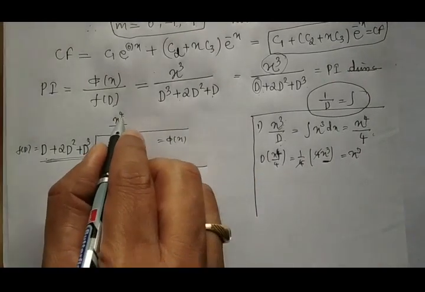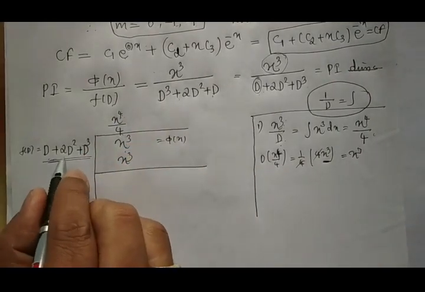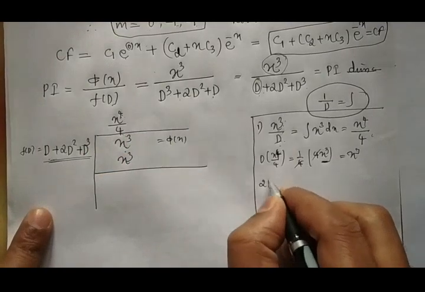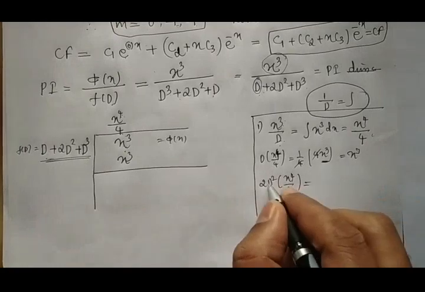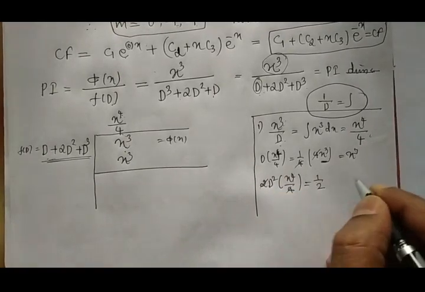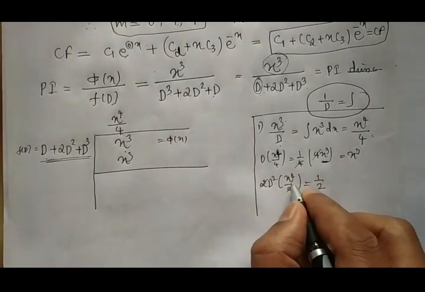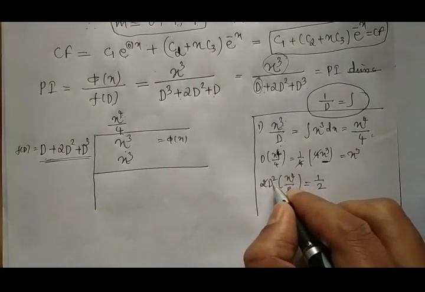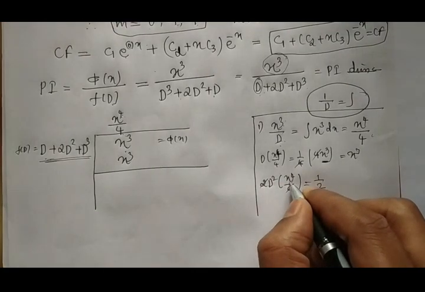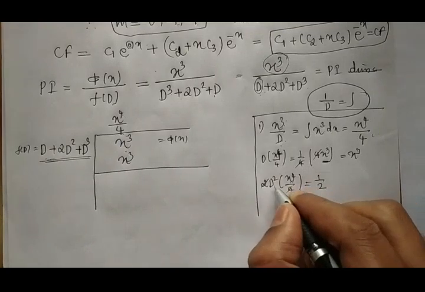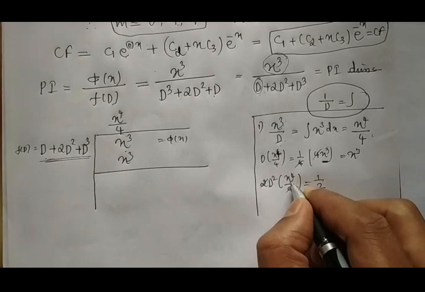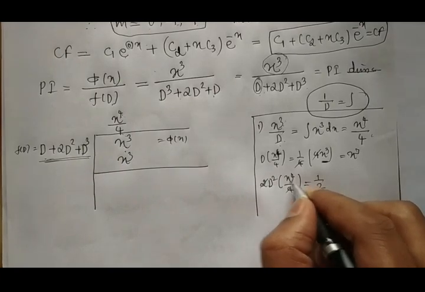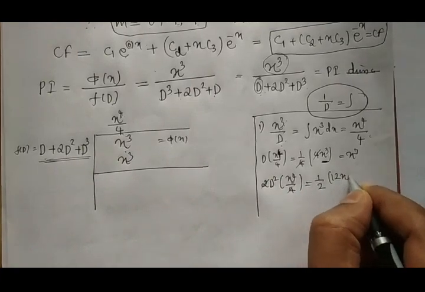Next, x raised to 4 by 4 into 2 times D square. So 1s are 2s are, so 1 by 2 I take here. Next, second differentiation of x raised to 4. First differentiation of x raised to 4 will be 4x cube. Then second differentiation of 4x cube will be 4 into 3 into x raised to 2, that is equal to 12x square.